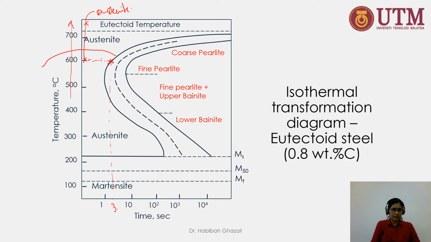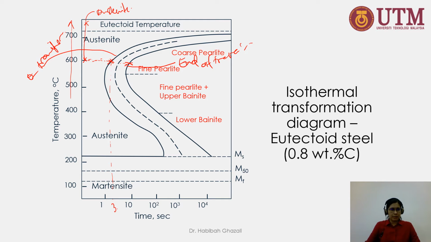This line here represents the beginning of transformation, and this line here represents the end of transformation. After a period of time, it will transform 100% into pearlite.